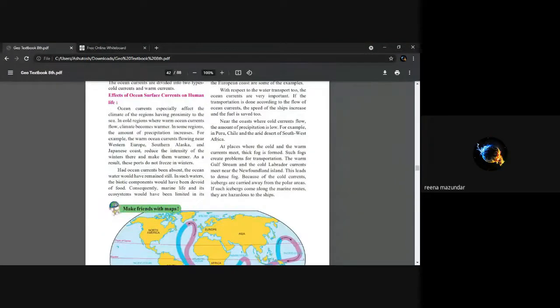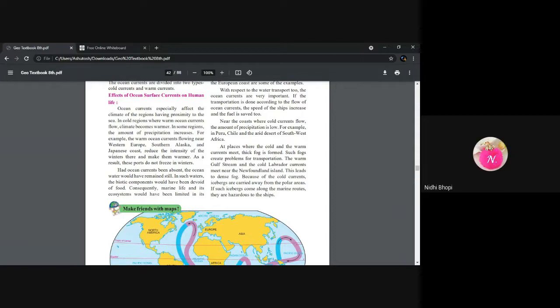Okay, name some places where warm currents flowing are given in that paragraph. Mansi? The warm ocean currents flowing near Western Europe, Southern Alaska, and Japanese coast. Yes, Nidhi.